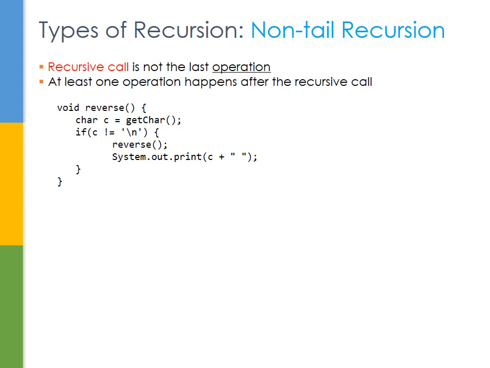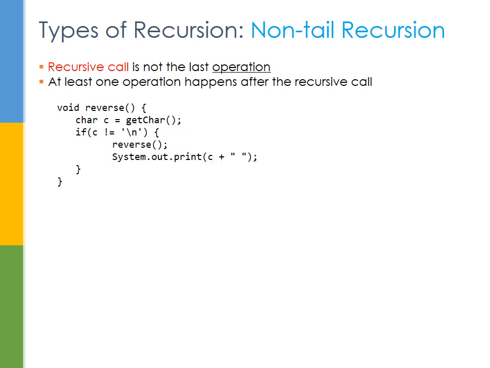In other words, the base case is that no operation is performed. Now, if we enter the body of this if statement, then we can see that we have a recursive call, namely the reverse function call over here. Following that, we then have an output statement, and this output statement simply prints out the character C.